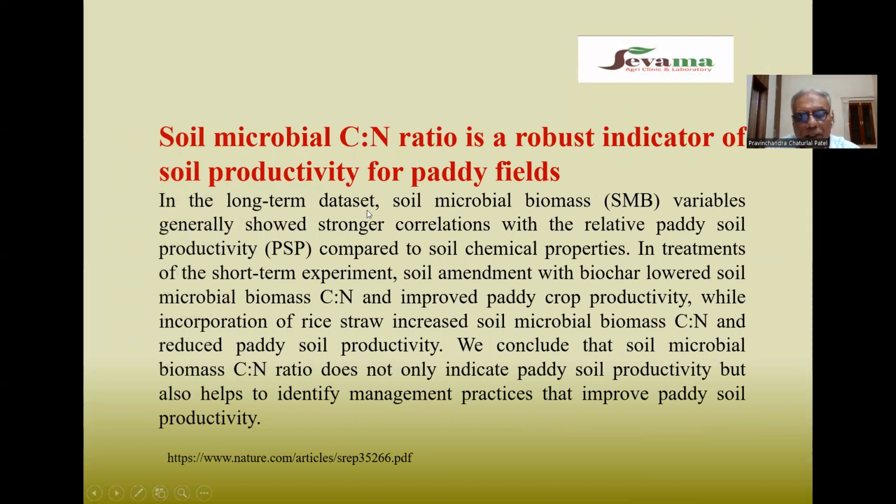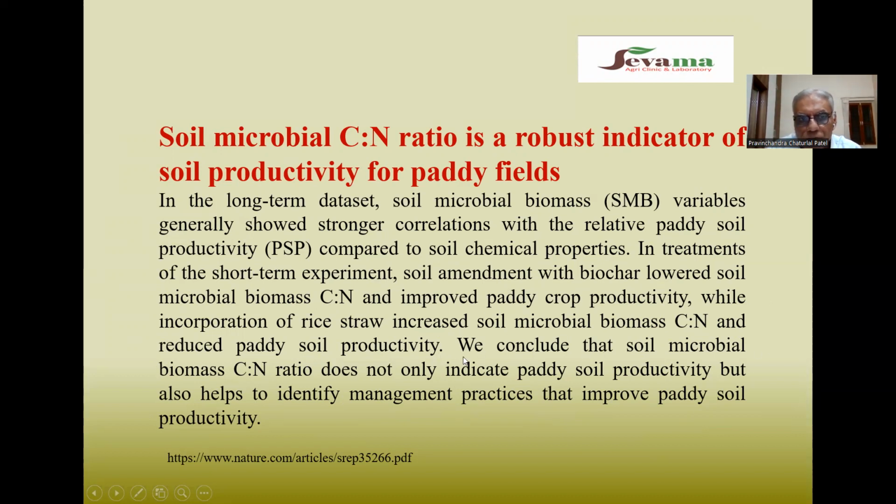In the long-term data set, soil microbial biomass variables generally showed stronger correlation with relative paddy soil productivity compared to soil chemical properties. In treatments of the short-term experiment, soil amendment with biochar lowered soil microbial biomass CN and improved paddy crop productivity, while incorporation of rice straw increased soil microbial biomass CN and reduced paddy soil productivity.